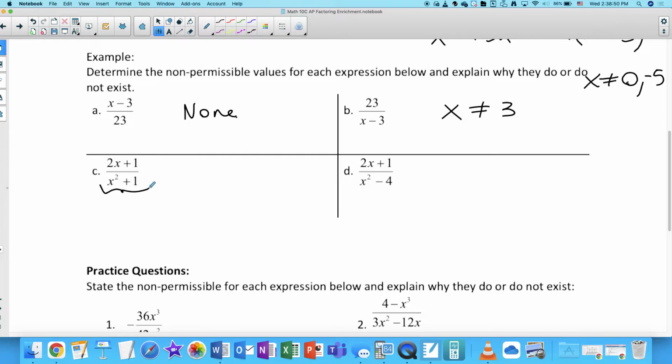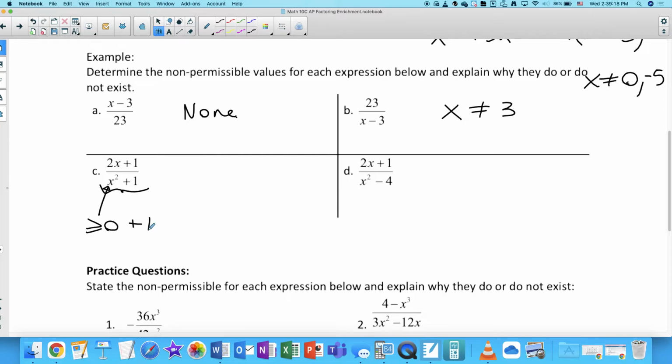There are none, because x squared has to be greater than or equal to 0, and then you're adding 1. So the smallest value the denominator will have is 1. If x is 0, the denominator will be 1. If x is anything else, it just goes up from there.